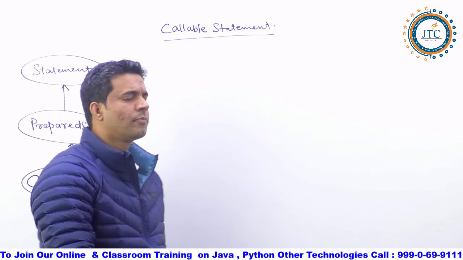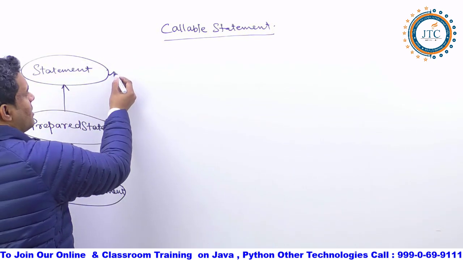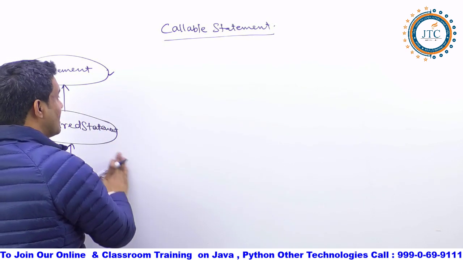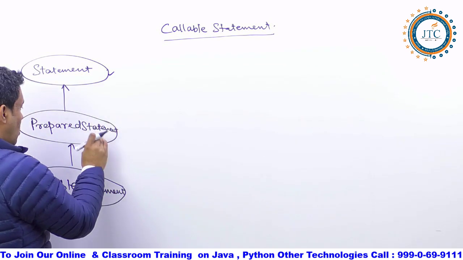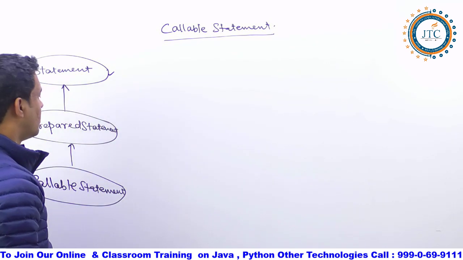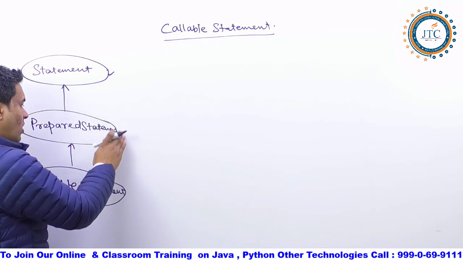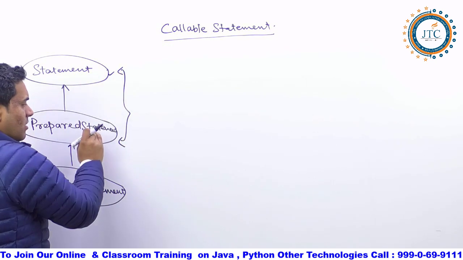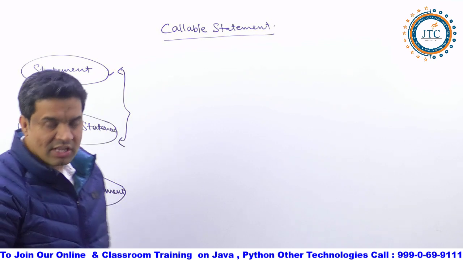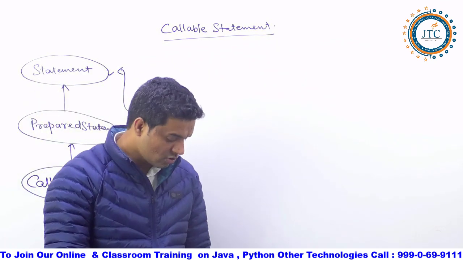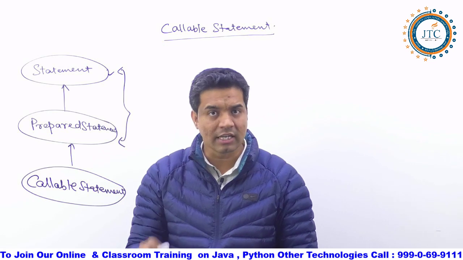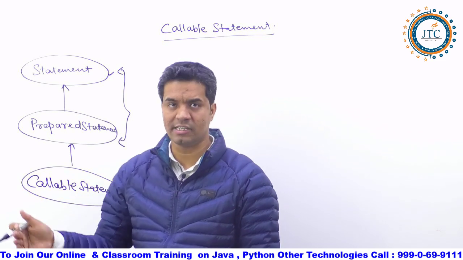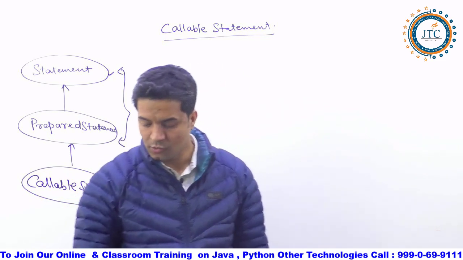So the thing is, previously the Statement had some drawbacks, or demerits, which were solved by the PreparedStatement. But there is something these two have not solved, and that particular thing we are trying to solve with the help of the CallableStatement. What exactly are we trying to do here?